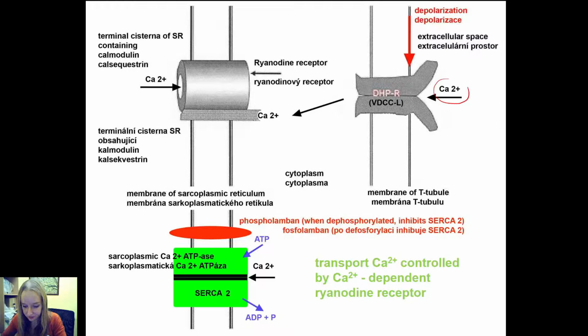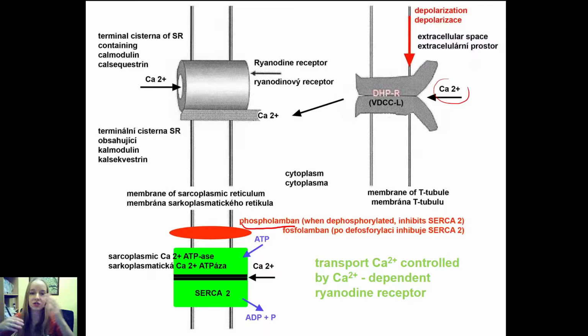So once again, the calcium binds to this receptor, it opens up this receptor, and more calcium will influx here to the cytoplasm, and it's once again pumped back to the sarcoplasmic reticulum by a SERCA. And this type is type 2 because it's somehow different. It's controlled by a protein called phospholamban, which when dephosphorylated, inhibits the SERCA2.